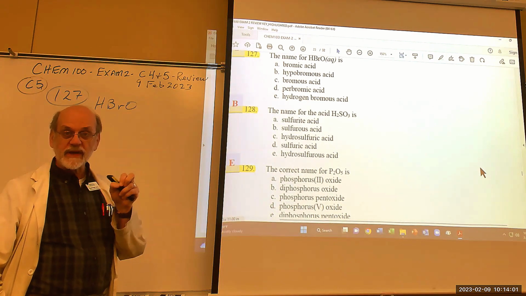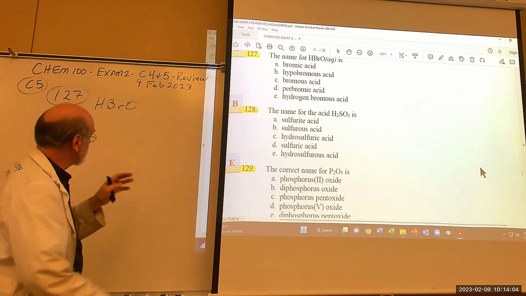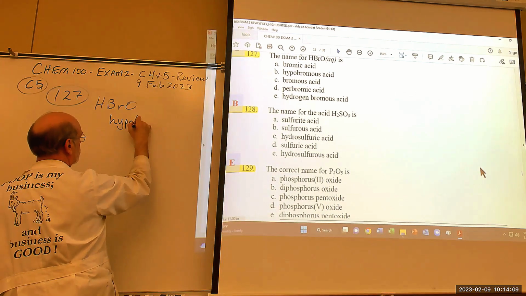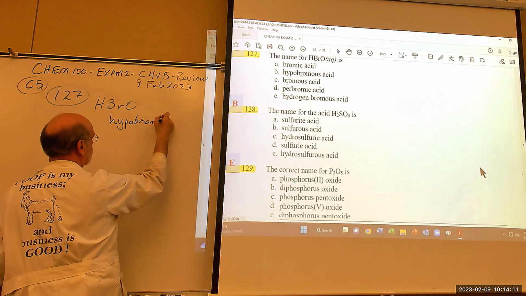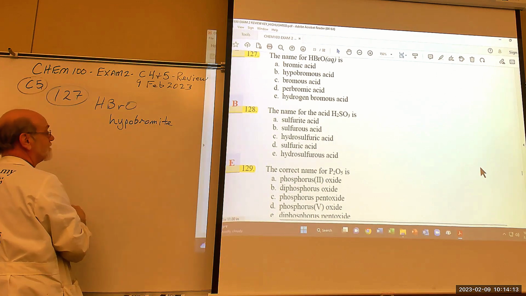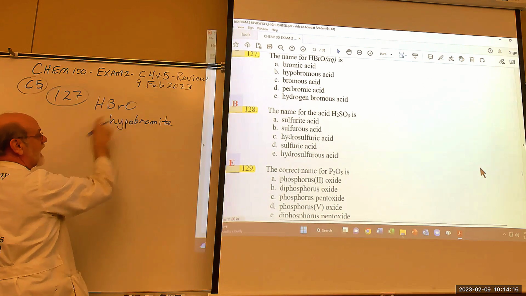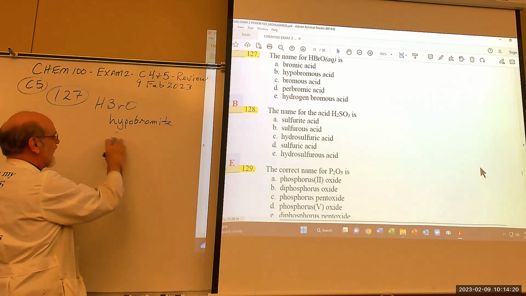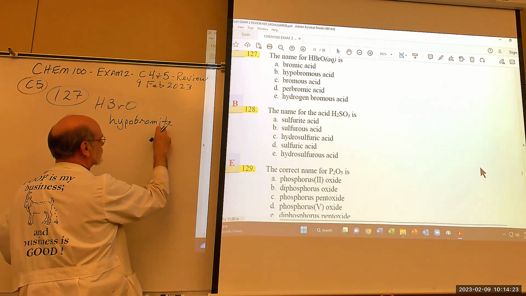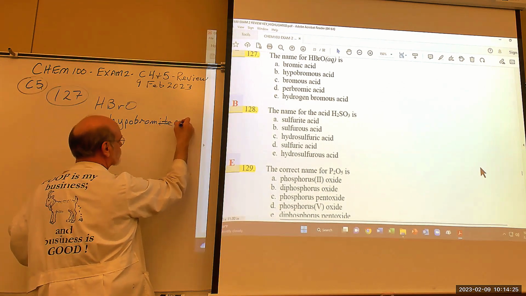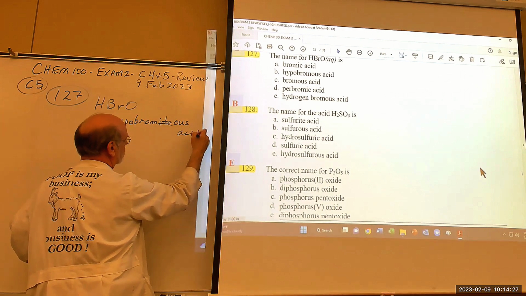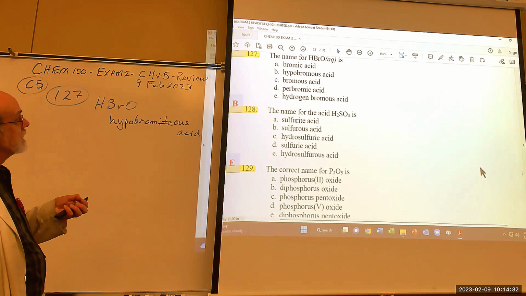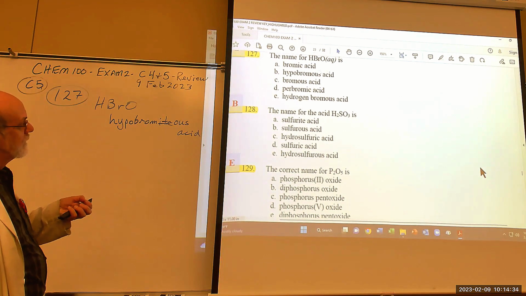You could substitute bromine, you could substitute iodine. In this case, this would be hypobromite. We don't start the name with hydro. We say hypobromite, and ite becomes ous, so that becomes ous acid. So hypobromous acid would be right here.